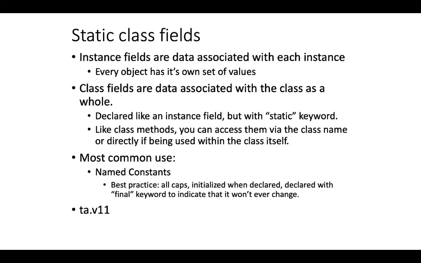Okay, so now that we have a better understanding of how classes are usually used: classes are usually used to define a set of instance fields, a constructor, and a set of instance methods, so that I have the ability to create new objects of that type and then use those methods to manipulate and work with those objects.